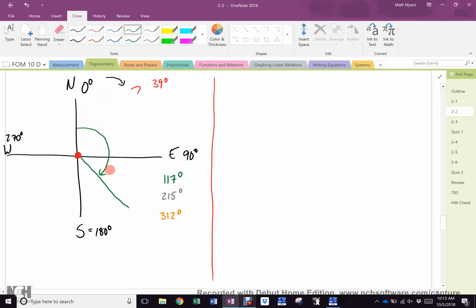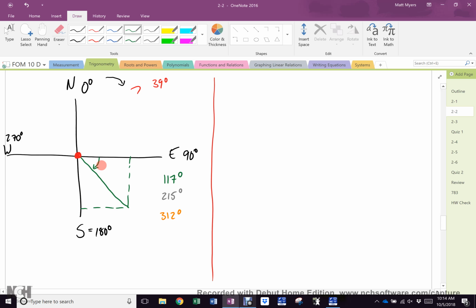Can I do trig on that? I can't. I haven't taught you how to do trig for 117 degrees, have I? What is the maximum amount of degrees I've taught you guys to do trig? 90. So I need to make my 90-degree triangles, yes? So there's my trig triangles. To do trig on that, I need this theta, don't I?